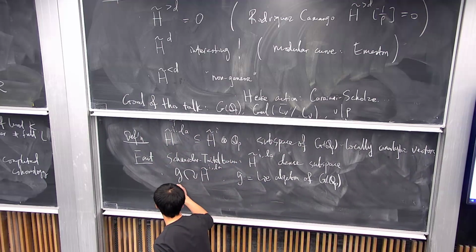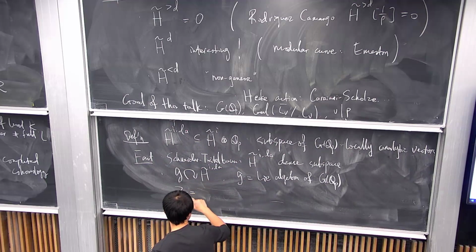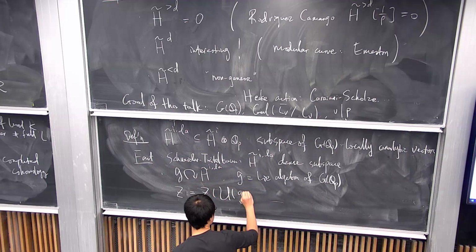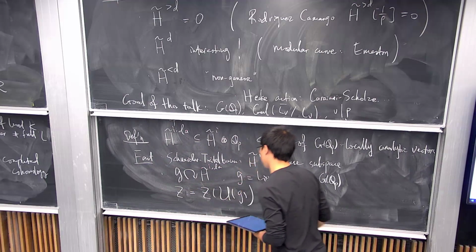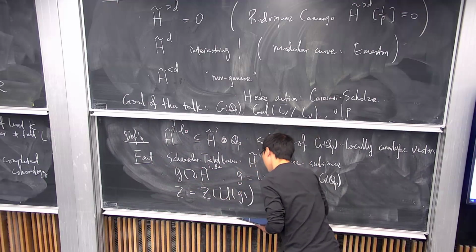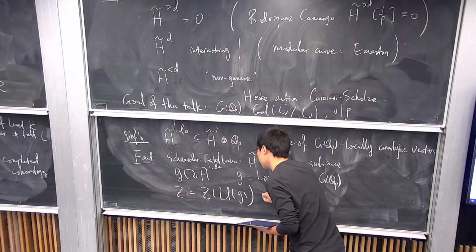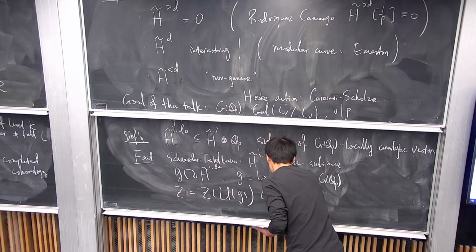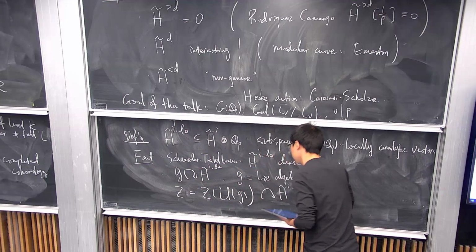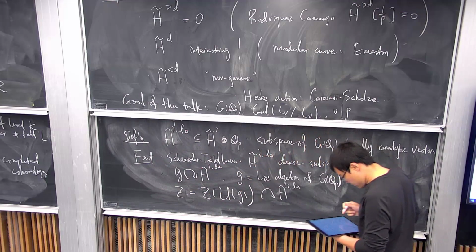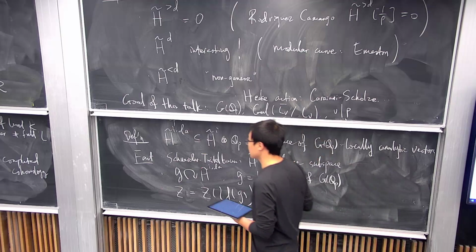Let me denote by Z_g, or simply Z, the center of the universal enveloping algebra of g. Then it will also act on H^{δ_i}.